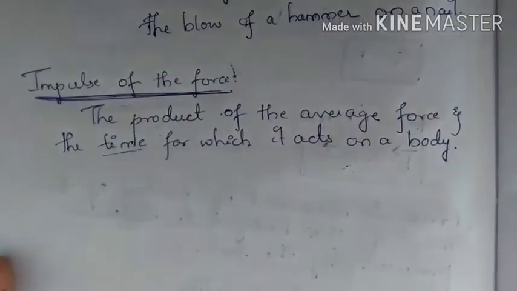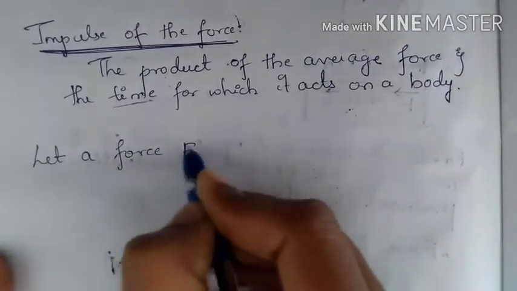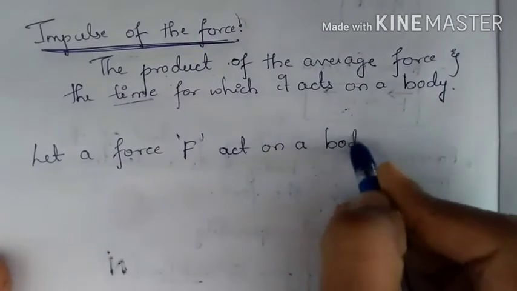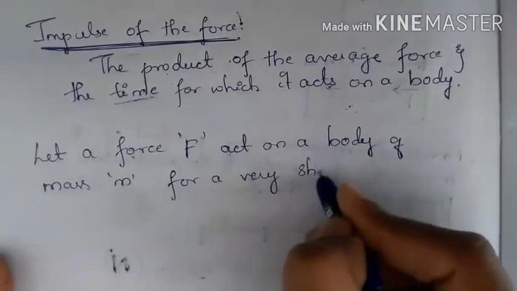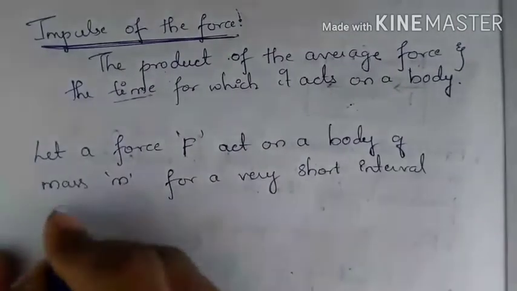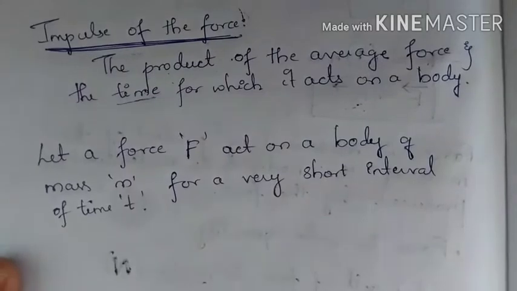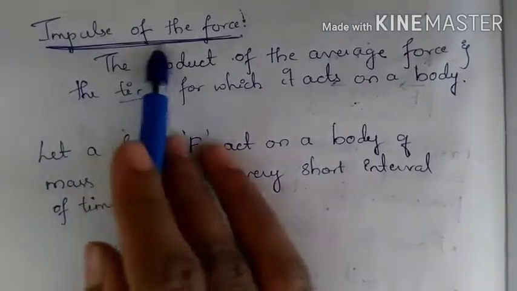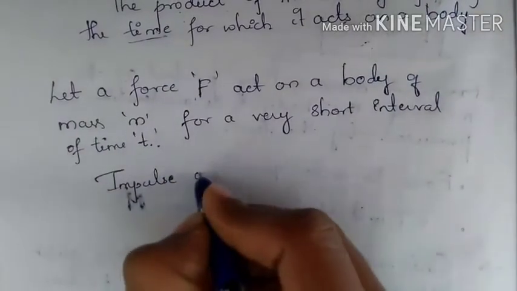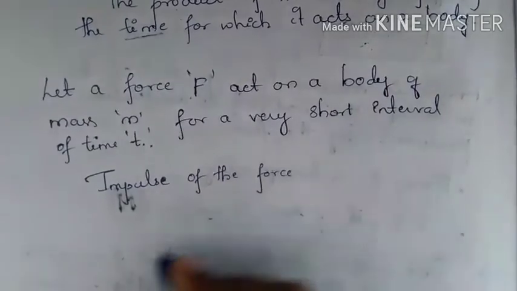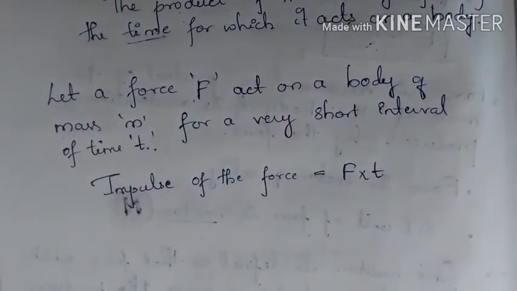So let a force F act on a body of mass M for a very short interval of time T. Then the impulse of the force will be the product of F and T. So impulse of force is equal to F multiplied by T. So Ft is the impulse of force.